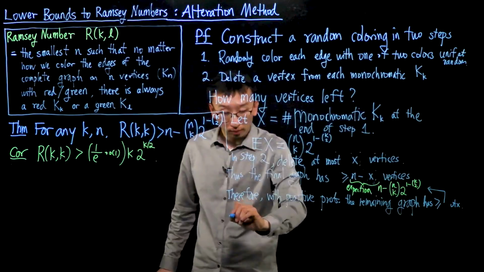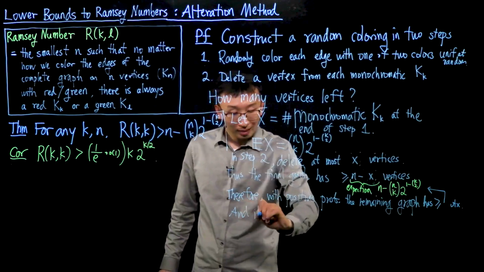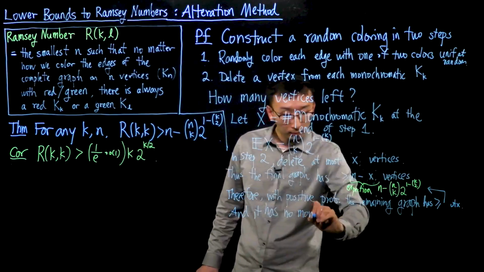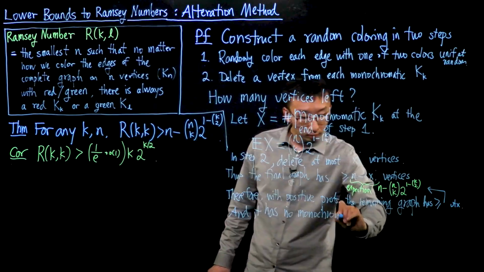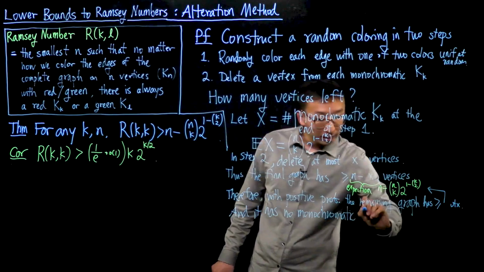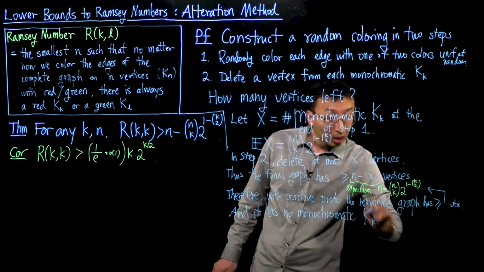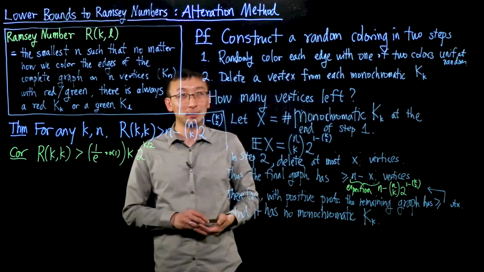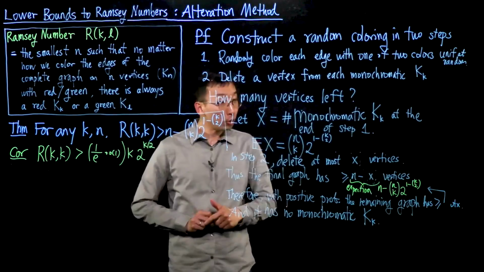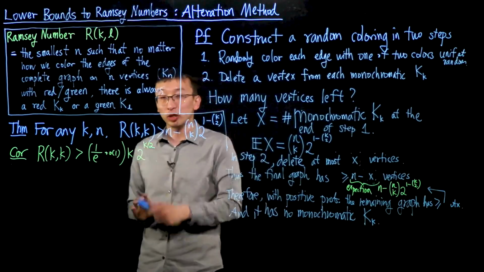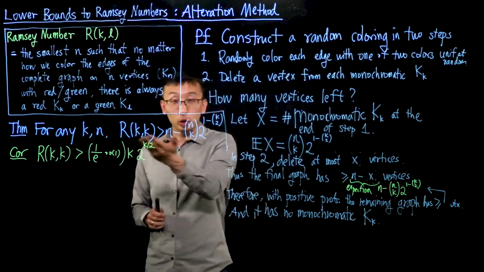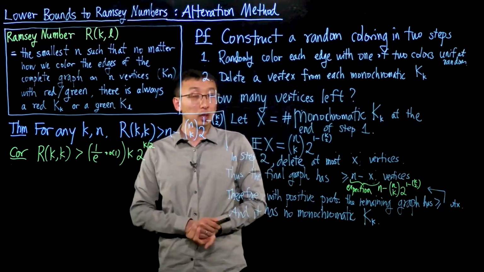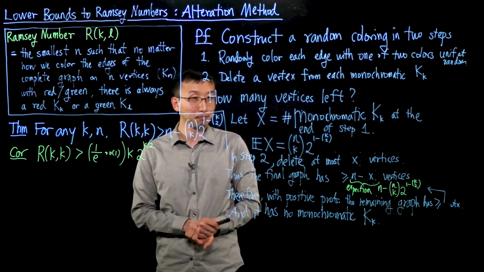And furthermore, it has no monochromatic clique on k vertices, because we destroyed all such cliques in the second step of this process. Okay, this finishes the proof of this theorem, which, as you see in the corollary, gives you a slightly better lower bound compared to what we saw last time.